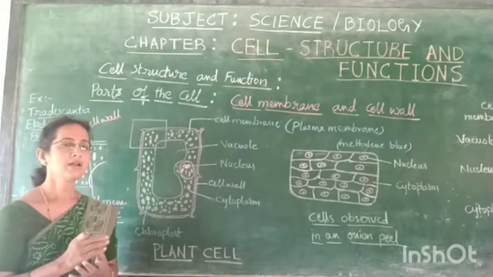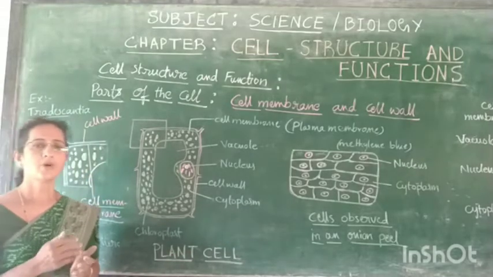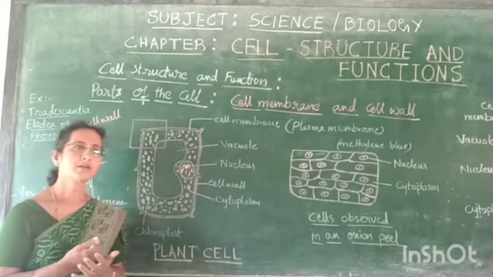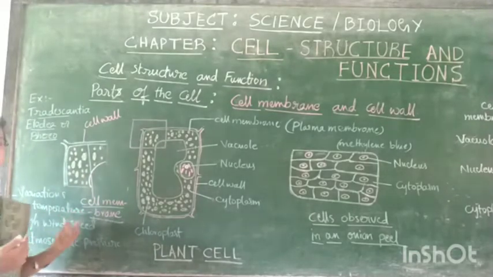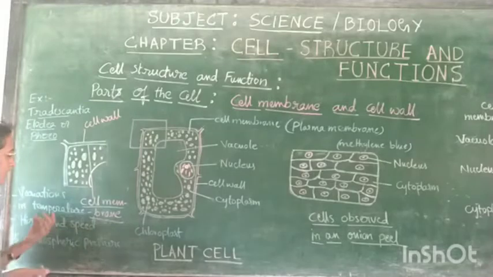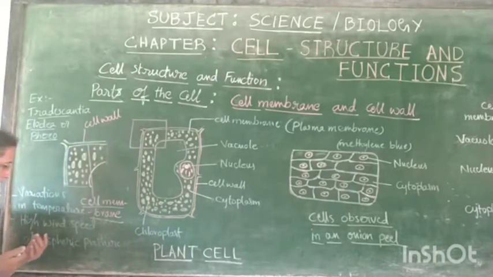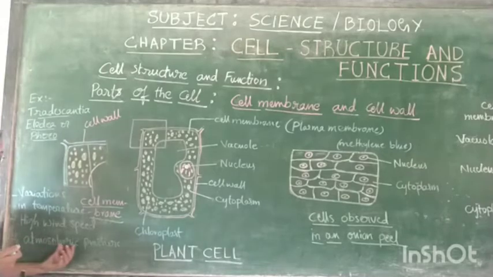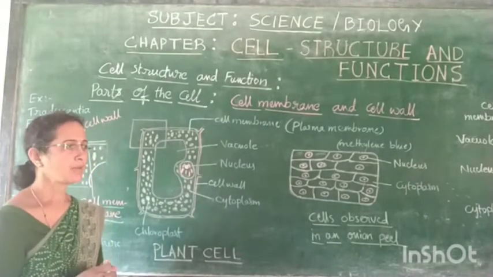That cell wall protects the plants against some of the drastic or odd conditions of the weather. In weather we find variations in the temperature, high wind speed, and atmospheric pressure also in the climatic conditions.